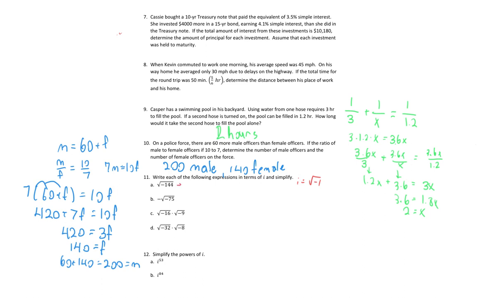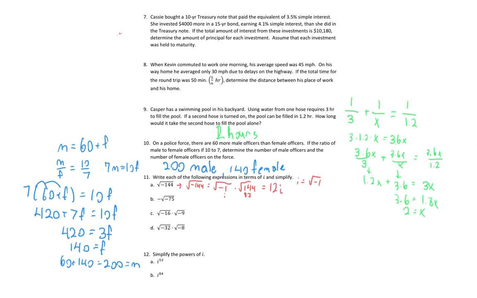So this one, square root of -144, is the same thing as square root of -1 times square root of 144. You can break up square roots that are multiplied into 2 different square roots. We know square root of -1 is i, and square root of 144 is 12. So this is 12i, because we usually put i second.